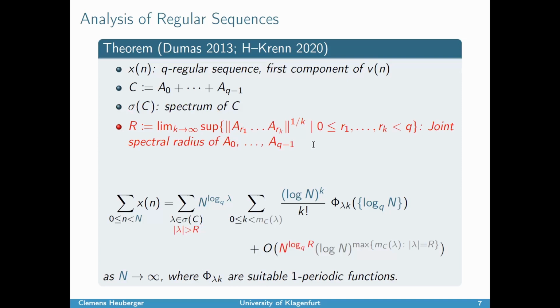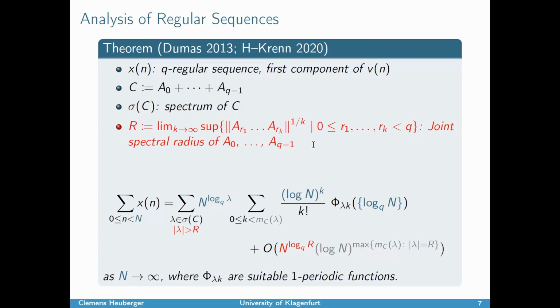The capital R is the joint spectral radius of the square matrices: take products of such matrices, the norm of it and the kth root, and that's the joint spectral radius. We only take into account eigenvalues of C which are larger than the joint spectral radius, because the error term contains the joint spectral radius.